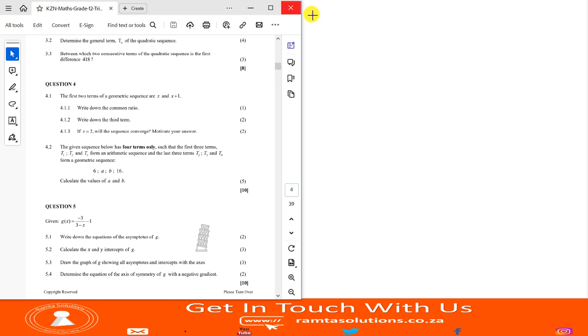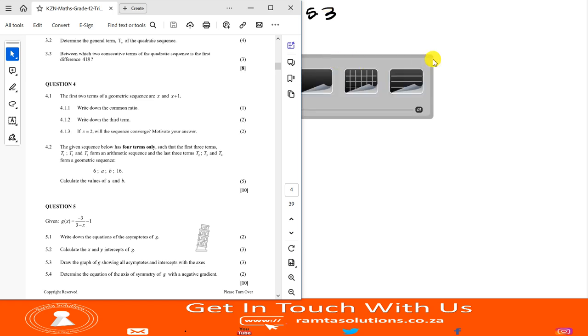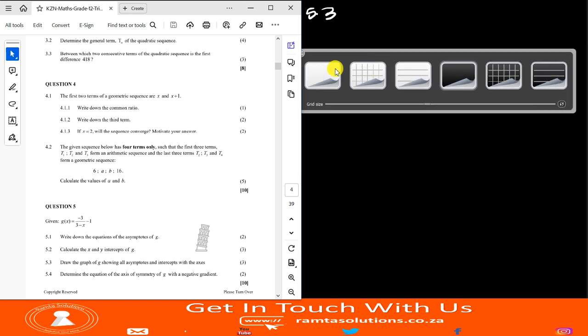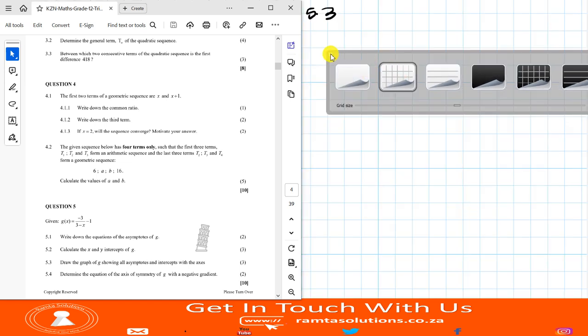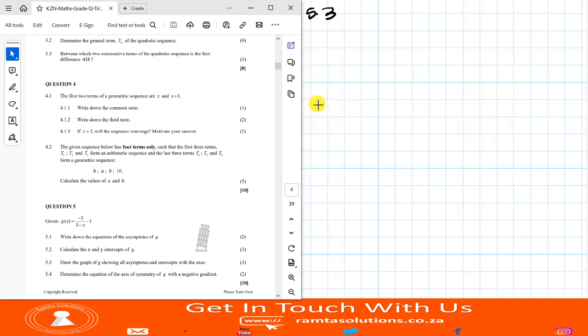5.3 says, draw the graph of G showing all asymptotes and intercepts with the axis. So I will have to introduce a grid. I want a light background. So I'm going to say minus 4.